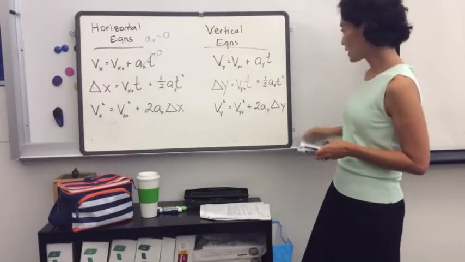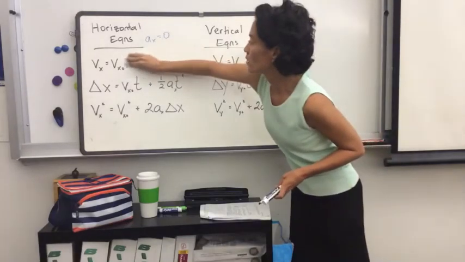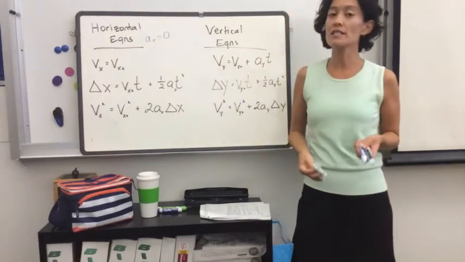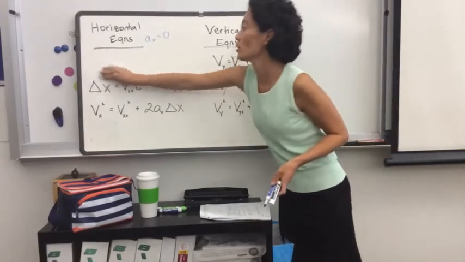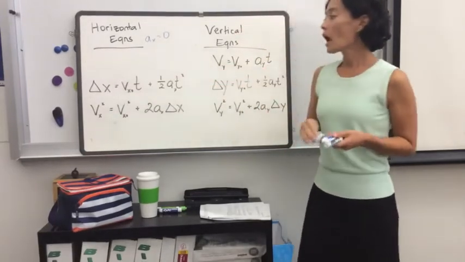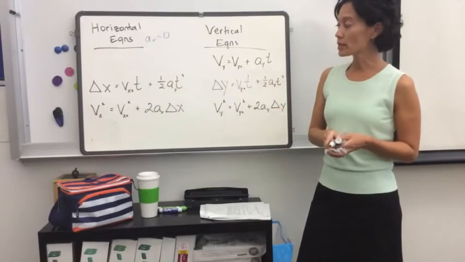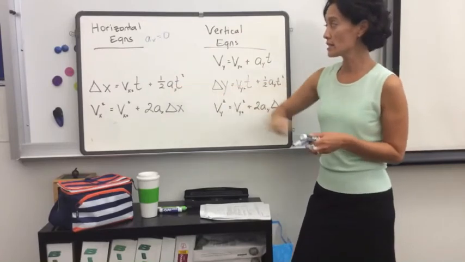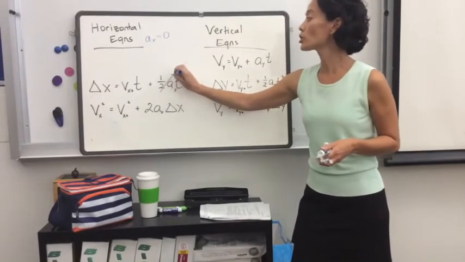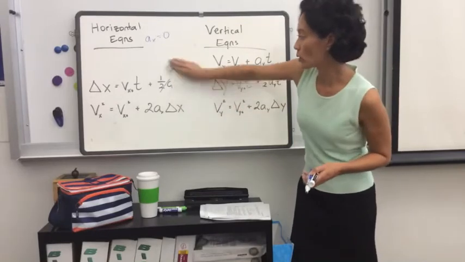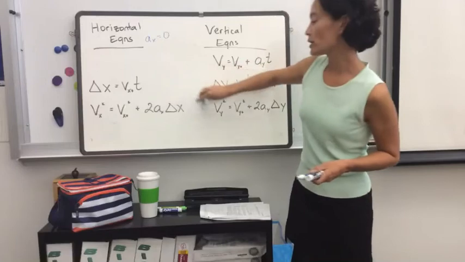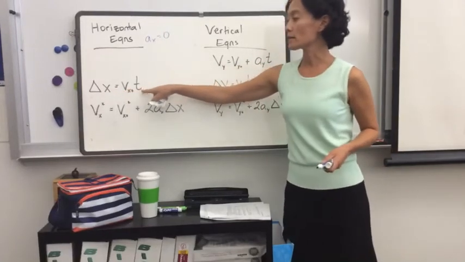And if that whole term becomes 0, then this is going to go away, and that just tells me that my x velocity is equal to my x velocity, and that's nothing new, so that's just going to go away. The second equation says that this is 0, so the whole term is going to become 0, and that means this whole side will go away, and I'm left with delta x is equal to Vx naught times t.